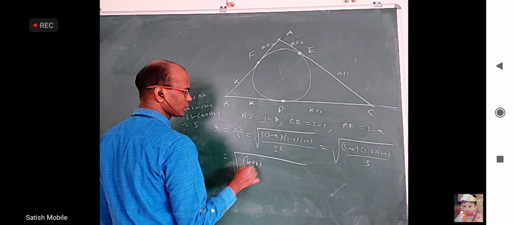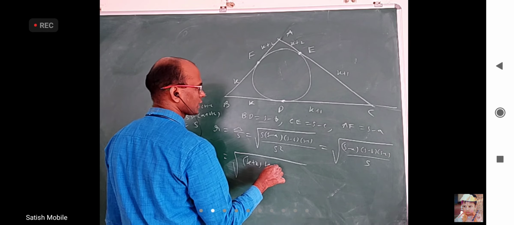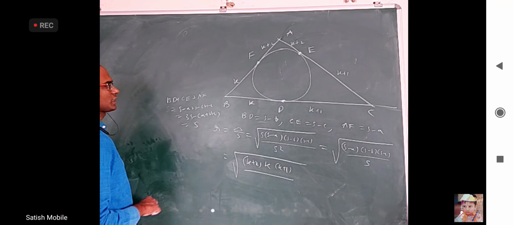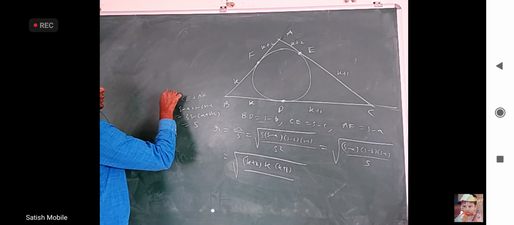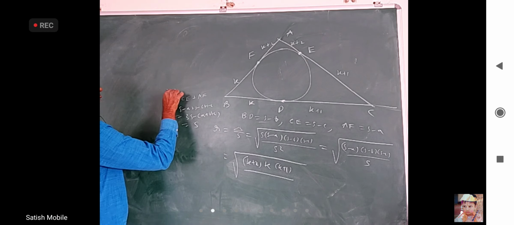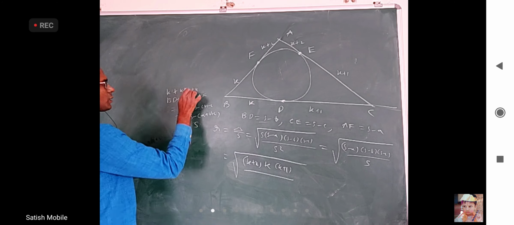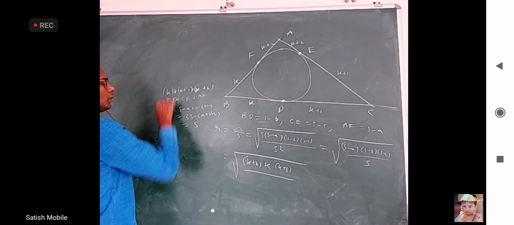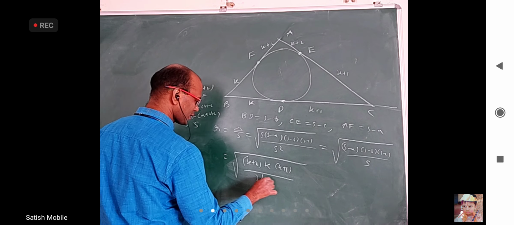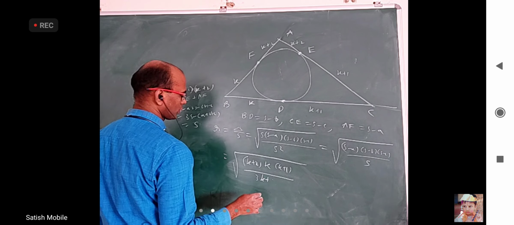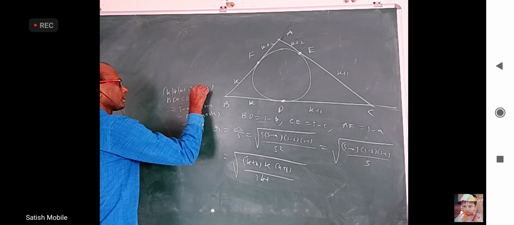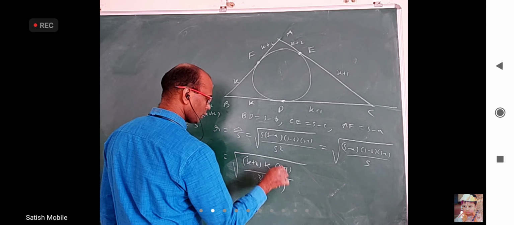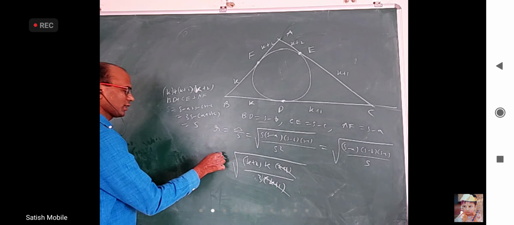S minus B, K. S minus C, K plus 1. S is sum of these three things. That is K plus K plus 1 plus K plus 2, which is 3K plus 3 or 3 times K plus 1. So this K plus 1 cancels and they gave inradius is 4.